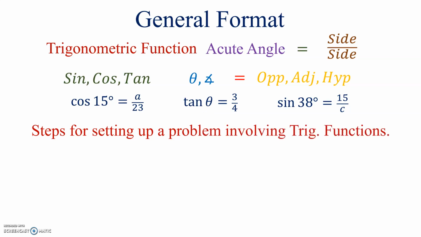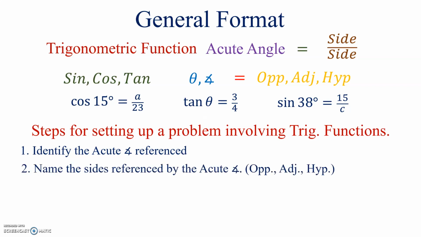So steps for setting up a problem involving trigonometric functions. Step 1 says identify the acute angle that's referenced in the problem. Once we do that, now that we have the acute angle, we can then begin to name the sides referenced by the acute angle.